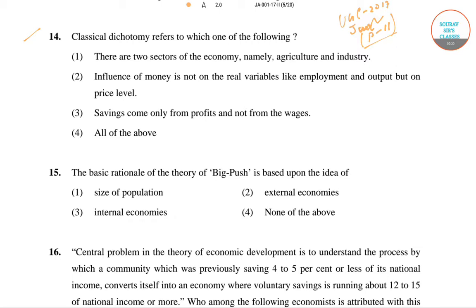In question number 14 it is given, the classical dichotomy refers to which one of the following. First of all we need to understand what the classical model is. The classical model assumes free competition in markets, that is a large number of buyers and sellers participate in the market for products and factors of production, and no market participant will dominate the market. All prices are flexible and adjustment to changing demand and supply takes place immediately.